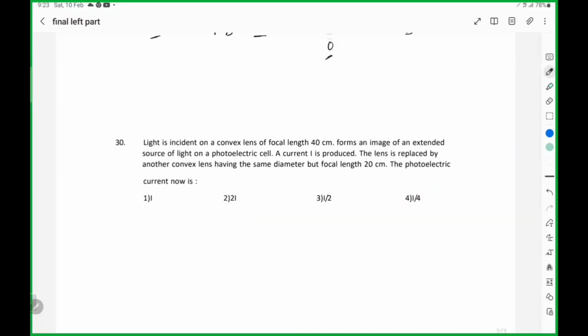So here light is incident on a convex lens of focal length, and forms an image of an extended source of light, in a photoelectric setup. So here a photosensitive material is placed at the focus of a convex lens. When light is incident on the lens, all the rays converge at this point.